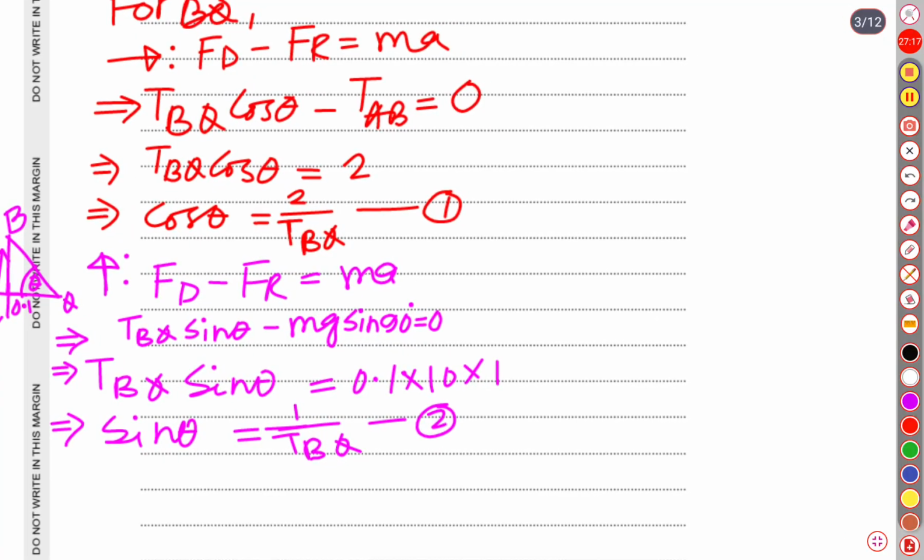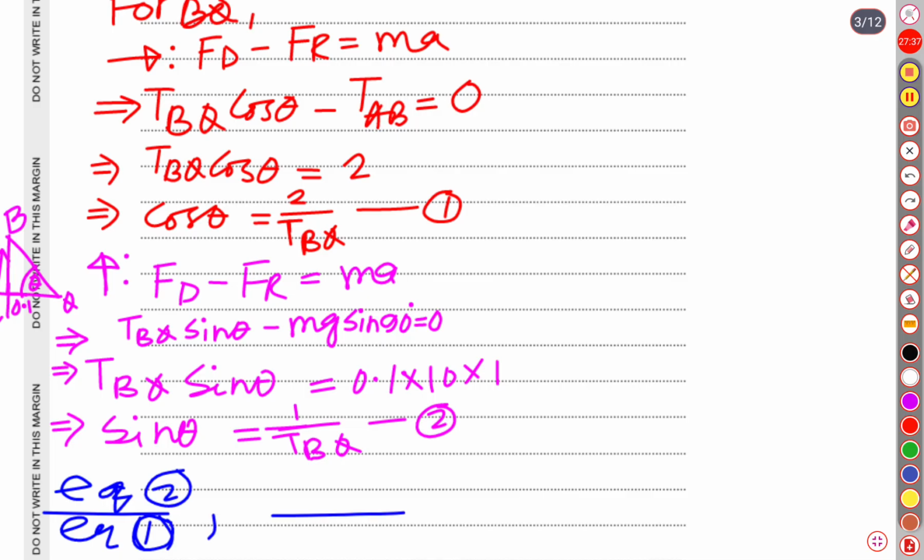Equation 1 or equation 2, well, let me change the ink again. So equation 2 over equation 1. If we divide equation 2 by 1, what is it going to be? Equation 2 is sine theta.